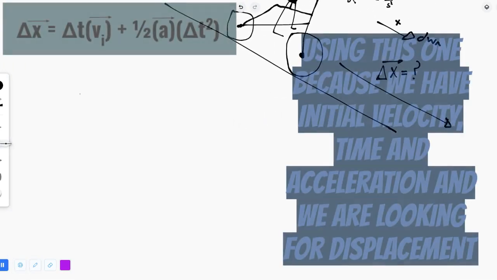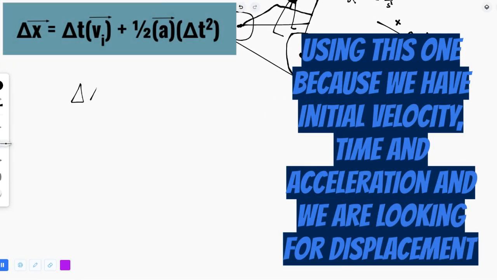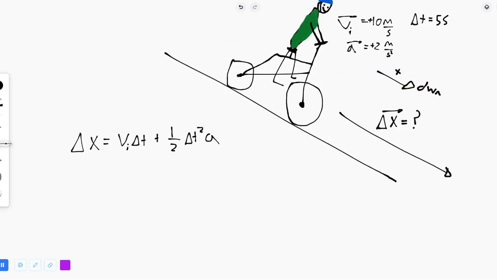So the equation we're going to use is delta x equals vi times delta t plus 1/2 delta t squared times acceleration. So let's fill in for our values.